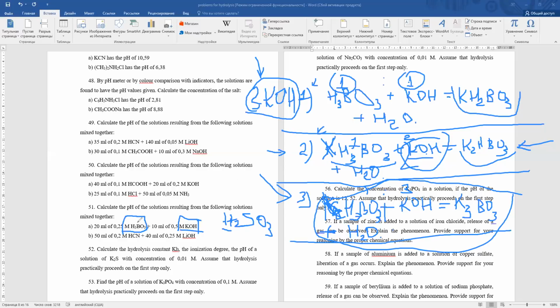And in your case, here the acid is a multi-stage acid because it can neutralize in multiple stages. And in your case, the ratio is equal to 1 to 1.